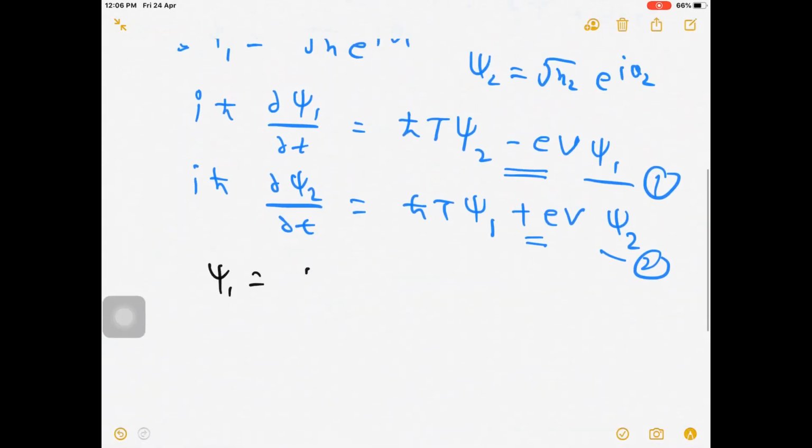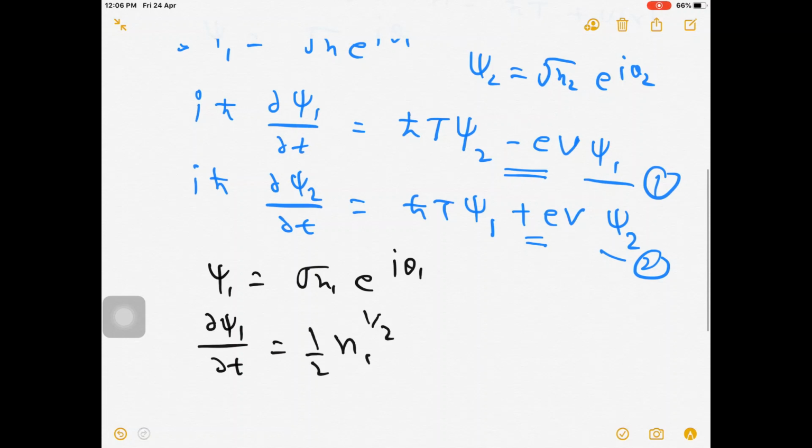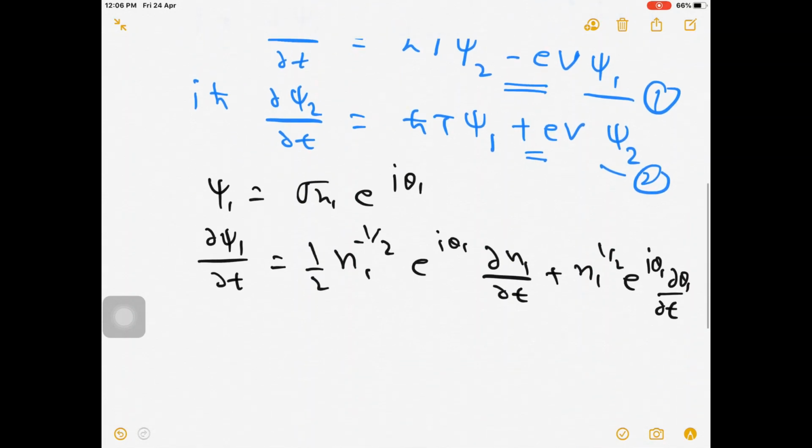So psi 1 is nothing but under root n1 exponential iota theta 1, so del psi 1 divided by del t is nothing but 1 by 2 n1 power minus half exponential iota theta 1 del n1 divided by del t plus iota under root n1 exponential iota theta 1 del theta 1 divided by del t. Put this value in equation first.